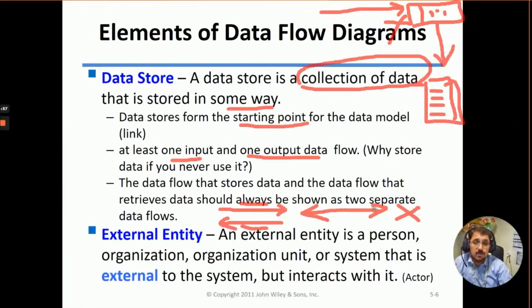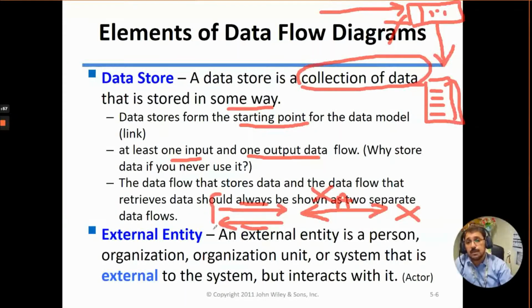If you use one arrow, it is difficult to differentiate. If I write, let's suppose, A here, and the arrow is double headed, then whether A is going there or A is coming out is not clear. So this is wrong because of this confusion.